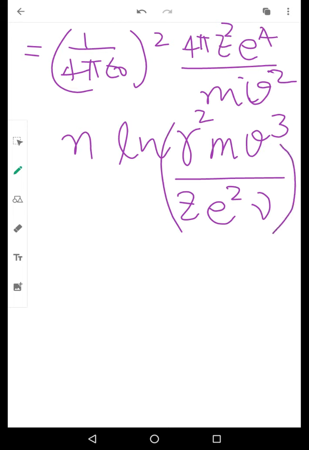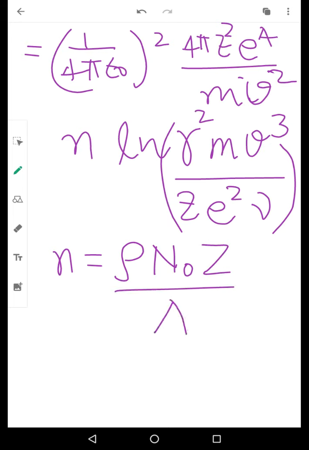And now if you want to calculate the N value in terms of atomic or molecular density, then you can write N equal to rho N0 Z by A, where rho is the molecular or atomic density of the material, N0 is the Avogadro number, Z is the atomic number, and A is the molar mass or atomic mass. This is a well known formula.